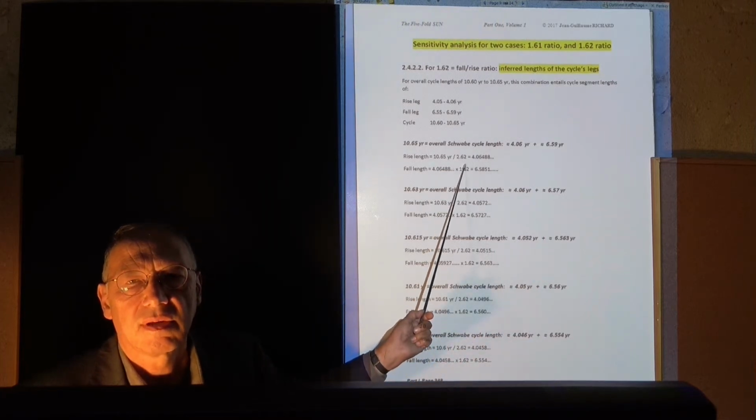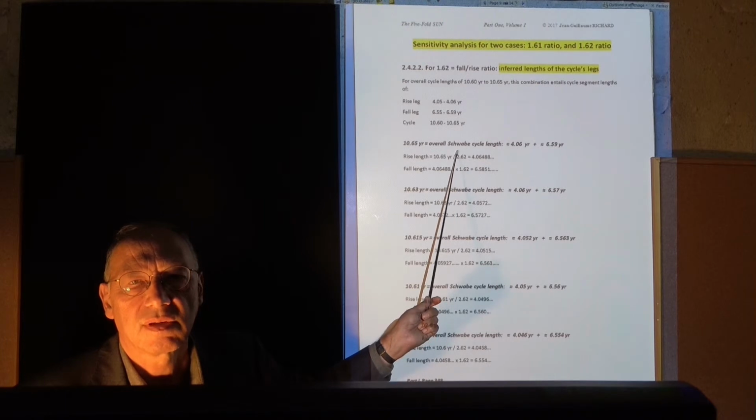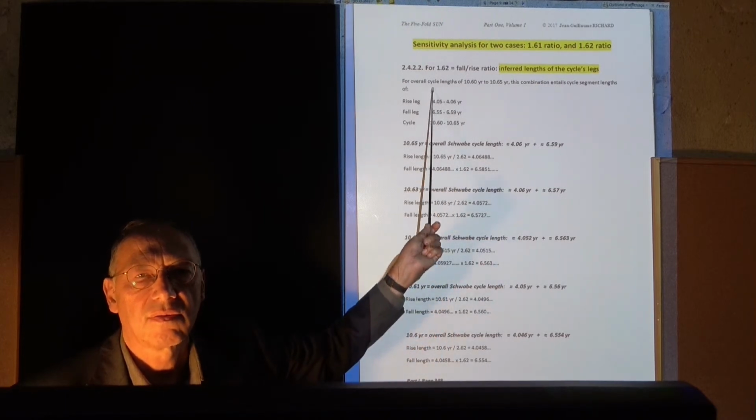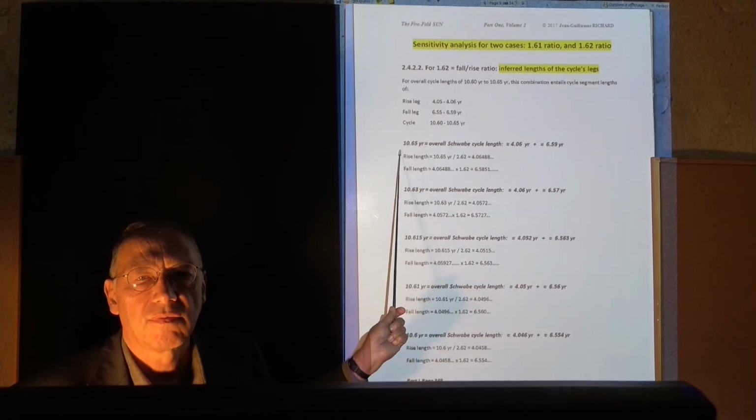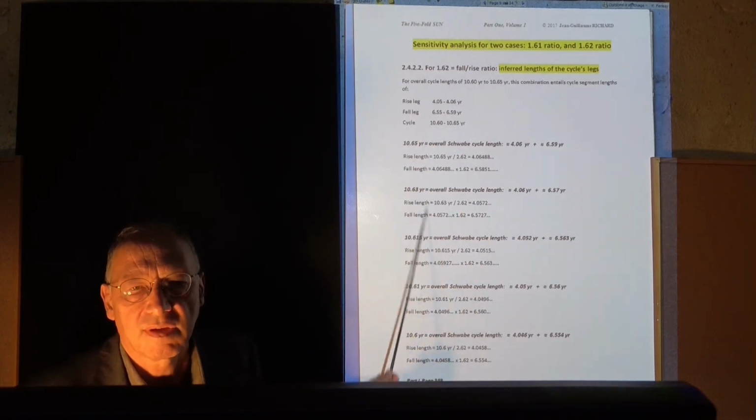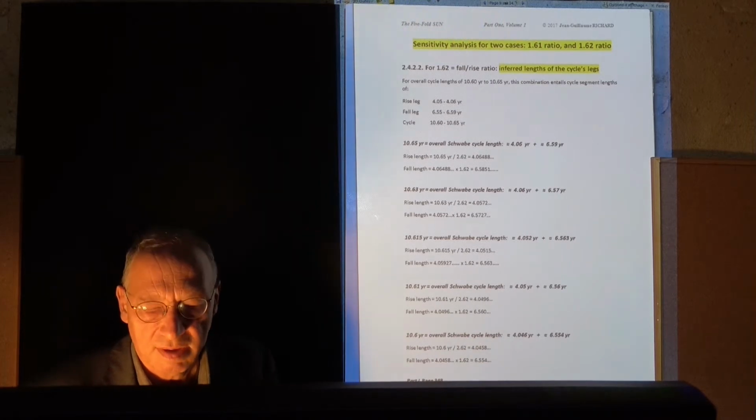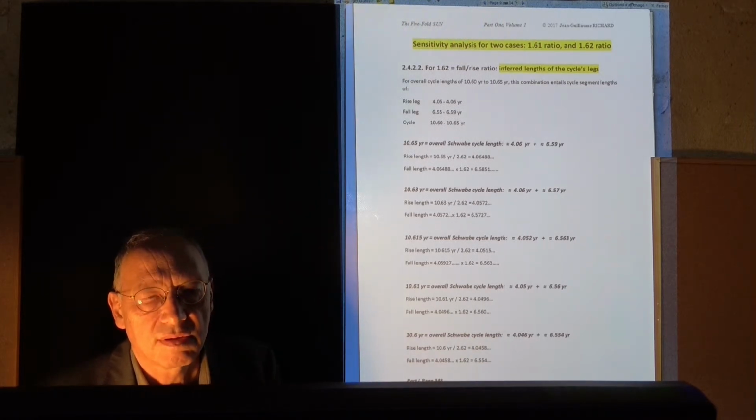You see small variation in a case, again, only for 1.62 ratio, longer overall length of 10.65 or a shorter overall length, but the variations are really fewer than a month or so.